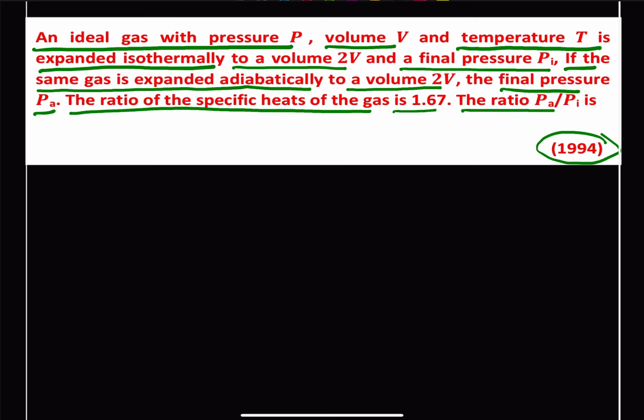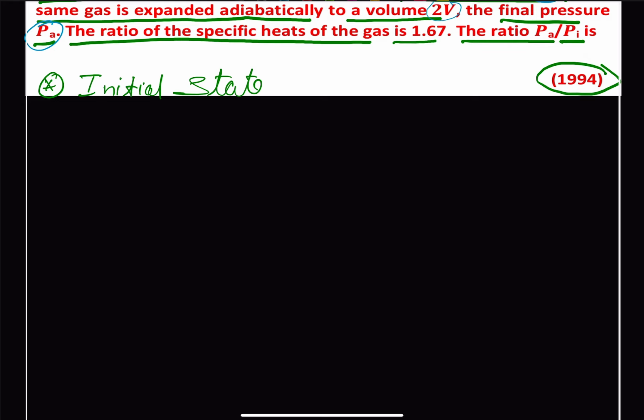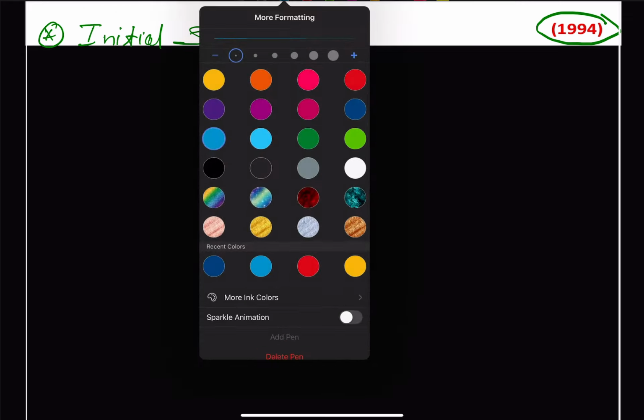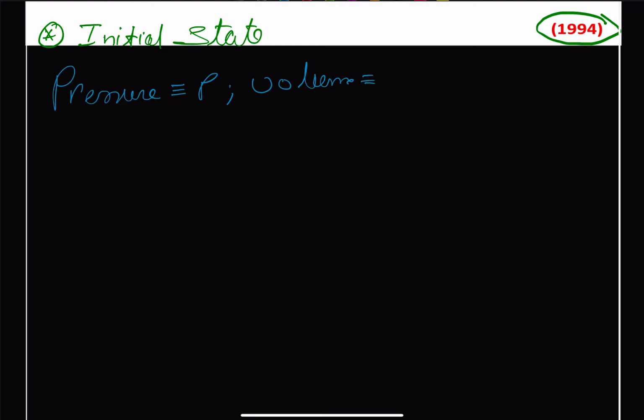We have an initial state, and in this initial state the pressure is P, volume is V, and temperature is T, and we are given 2 processes.